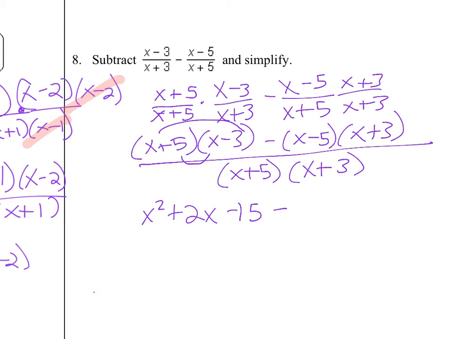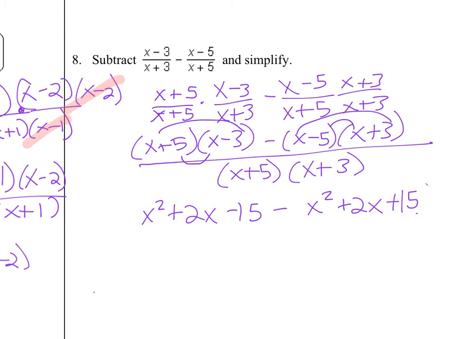And I'm going to subtract, well, this is x squared, and a minus 5x and a plus 3x, so that's a minus 2x, and then a minus 15. Now, because of this subtraction, I'm going to have to change all the signs. So, if I get rid of this parenthesis, the x squared becomes negative, but I have to change these two to positives.